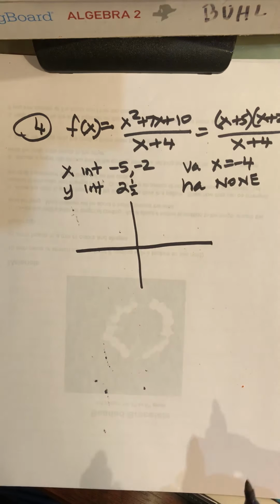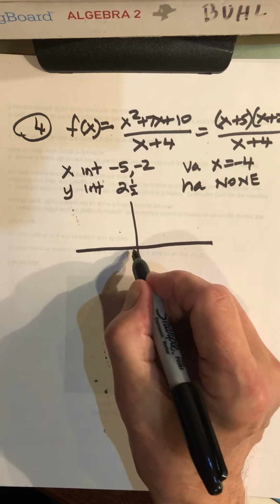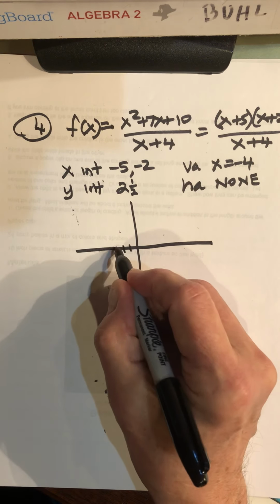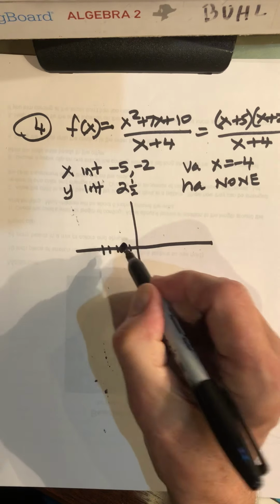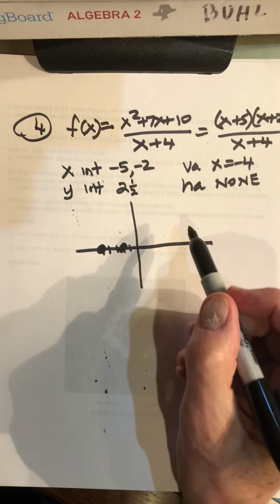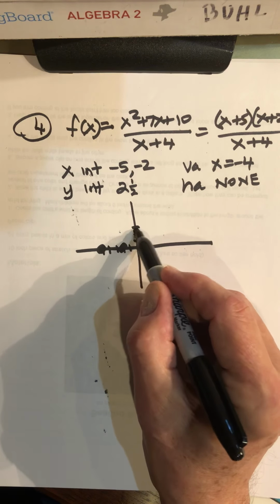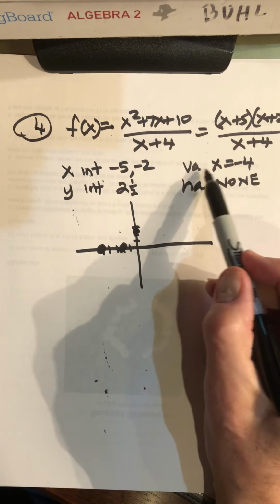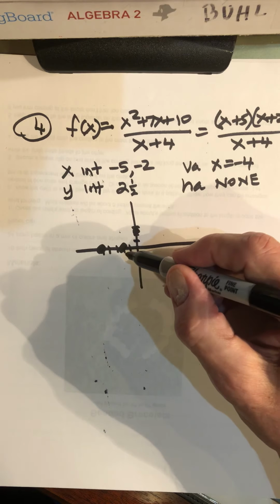This can be a little bit different kind of a graph. I've got intercepts at -5 and -2. So that's there and there. And I've got a y-intercept at 2.5. That's going to be there. And I've got a vertical asymptote at x equals -4.